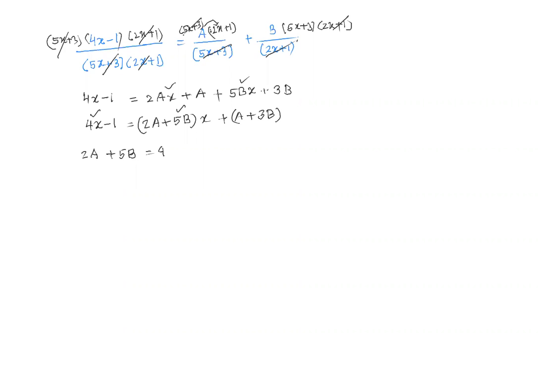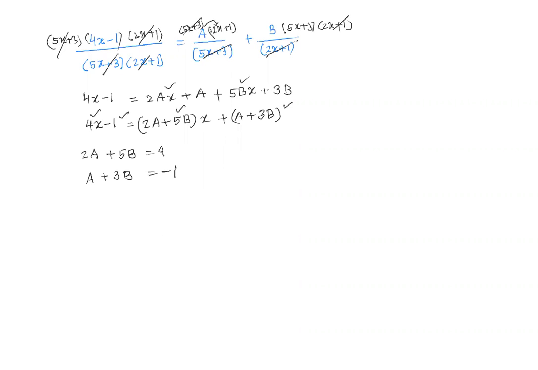And on the left, the constant is -1, and on the right, the constant is a plus 3b. So a plus 3b is equal to, oh sorry, not 1, -1.